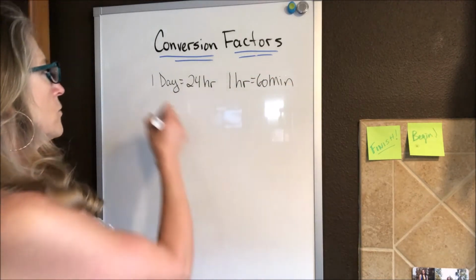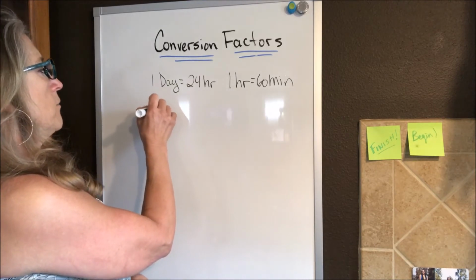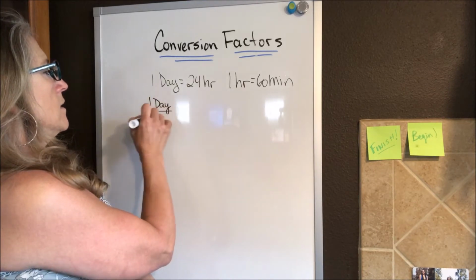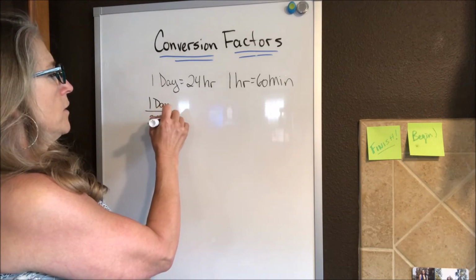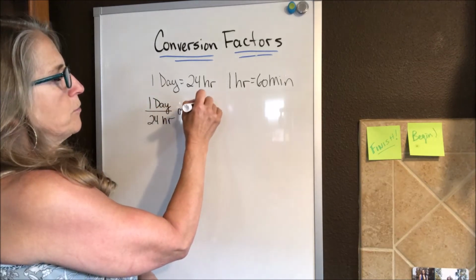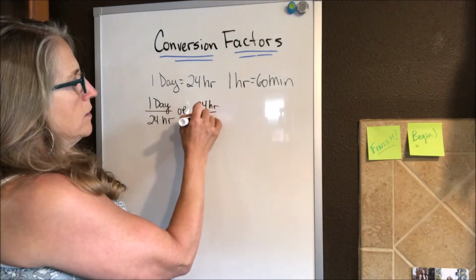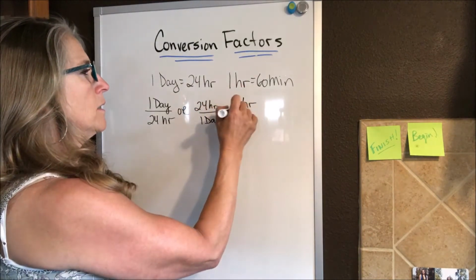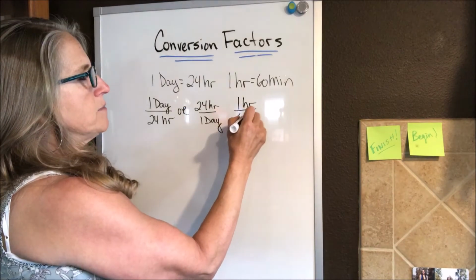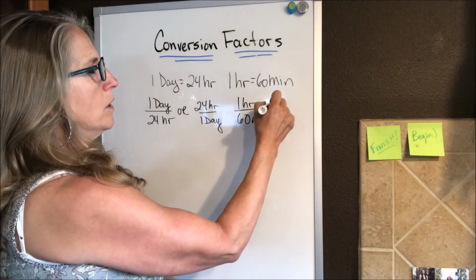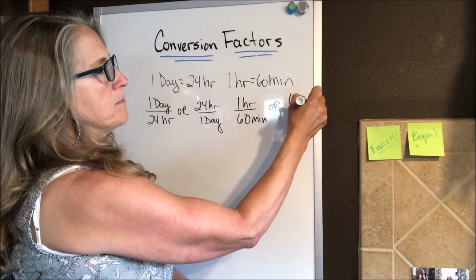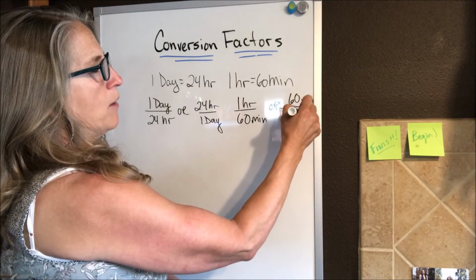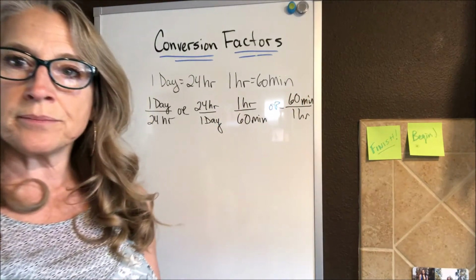So we can use 2 ratios with this one. 1 day is 24 hours, or 24 hours to 1 day. And we have the same thing going on here: 60 minutes on the top and 1 hour on the bottom, or the other way around.